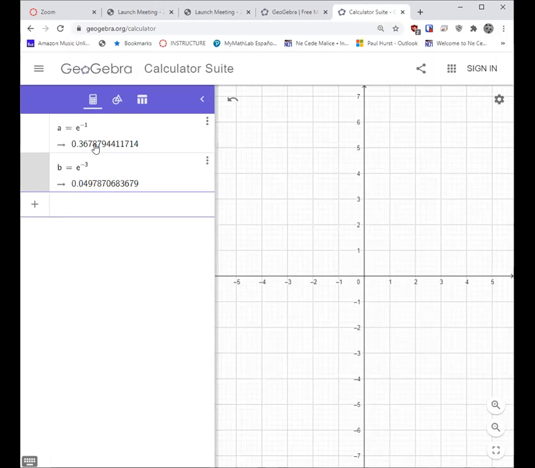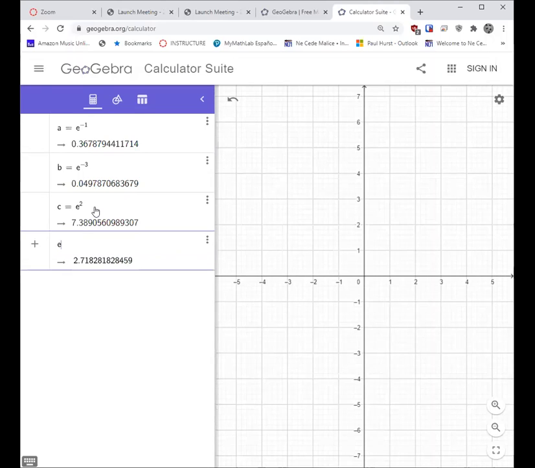That's 0.0497, but rounded to 3 decimal places is 0.05. And then the next one is e to the 2. And then the next one is e to the 2 pi. For pi, you can type pi, and that changes to the symbol pi.